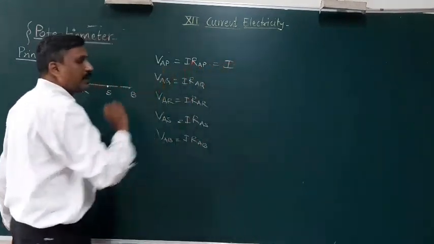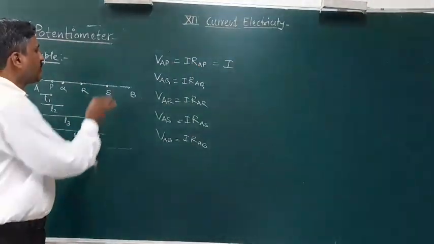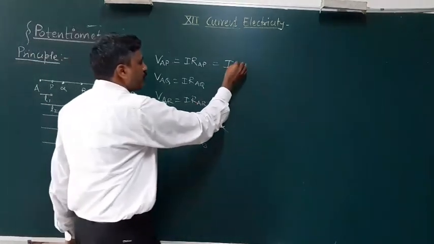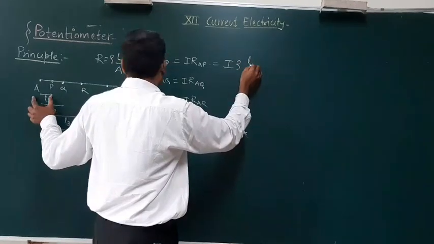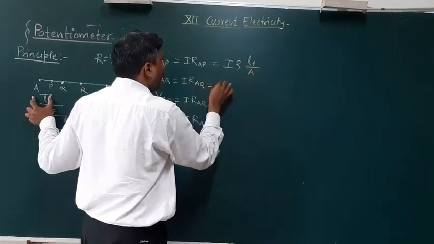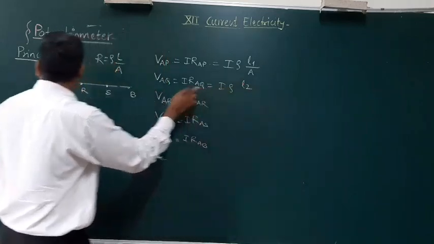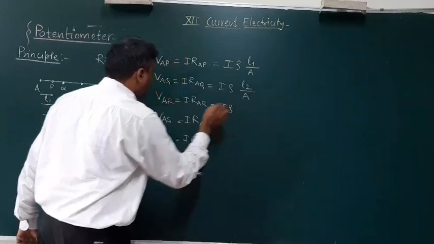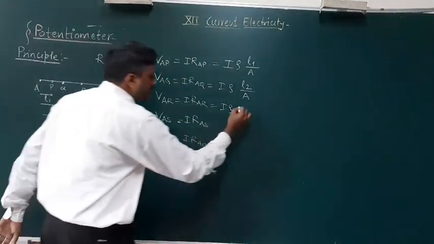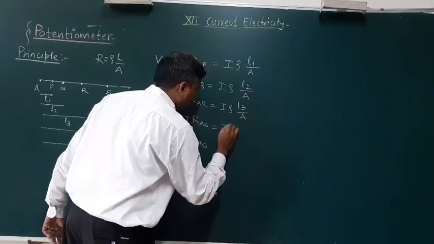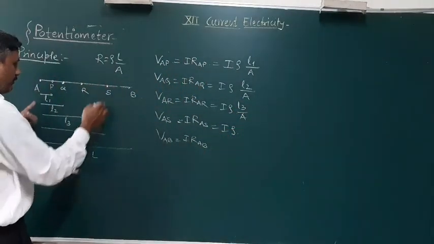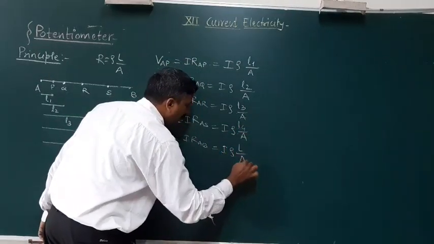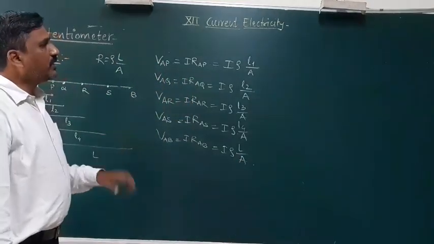Now, current as it is. But what is the formula for resistance? Resistance is given by R equals rho L divided by A. So I am substituting: current rho, this length is L1, divided by A. Then current rho, A to Q, the length is L2, divided by A. Current, specific resistance, L3 divided by A. Current rho up to AS, L4 divided by A. I rho capital L divided by A. Now observe this.